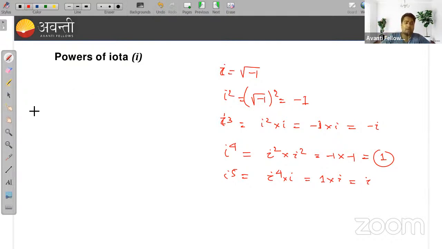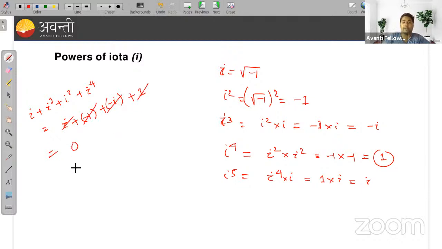See here, you can observe 4 consecutive powers: i plus i square plus i to the power 3 plus i to the power 4. Yes. So i square is minus 1, i cube is minus i, and i to the power 4 is plus 1. See here, i and minus i cancel out, and minus 1 and 1 cancel out.